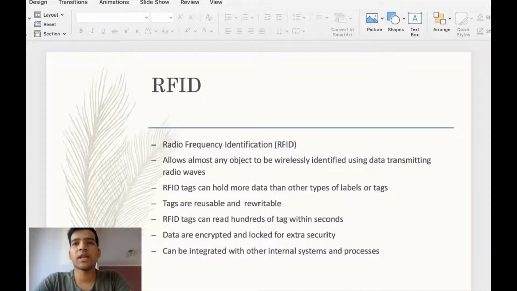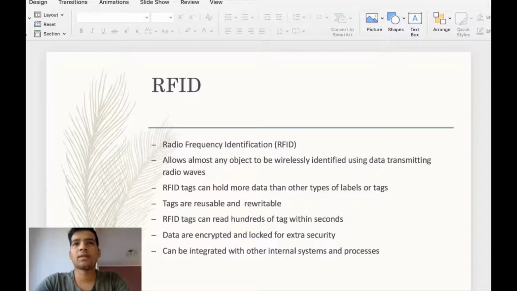Radio frequency identification is a technology that allows almost any object to be wirelessly identified using radio wave data transmission. Hundreds of tags can be easily read within a second with the help of RFID readers.